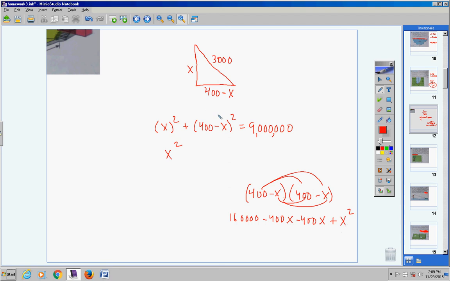So this whole expression right here equals this right here. Okay, so I'm going to pick this up right here and put that in right there and simply make this a positive sign here. There we go. Alright, equals, and then we'll put 9 million.